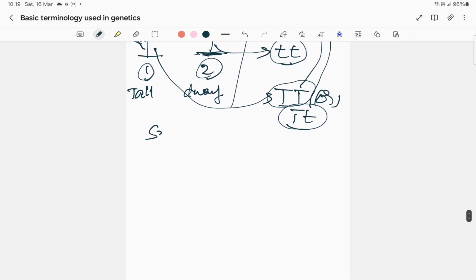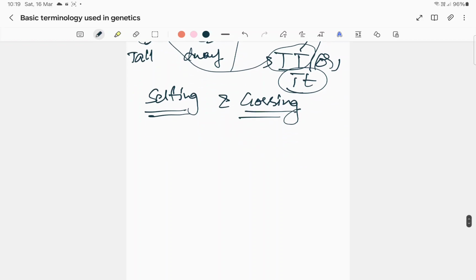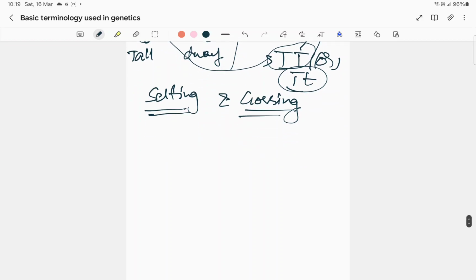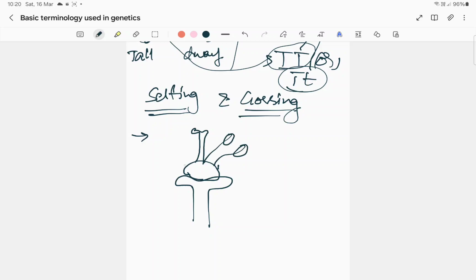Now we will come to selfing and crossing, right? Selfing means, let's draw one flower. This is the ovary. These are anthers.